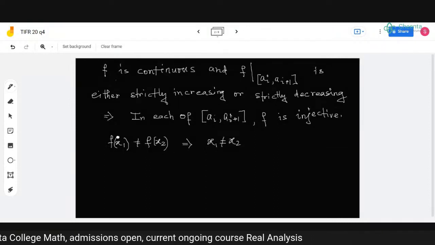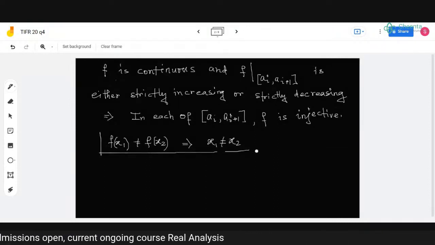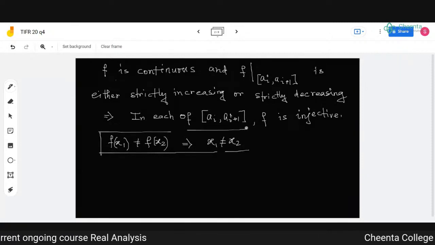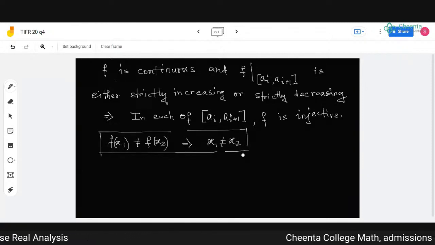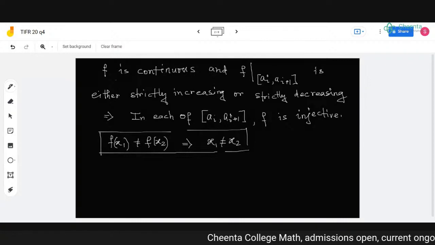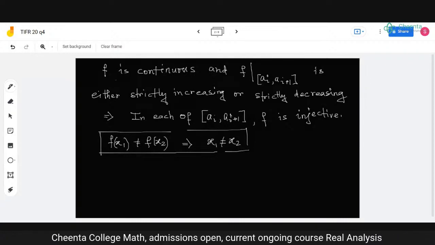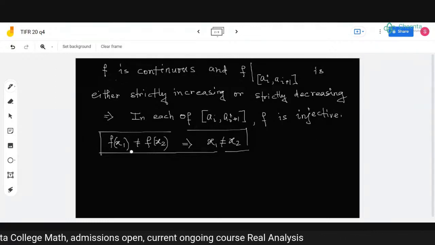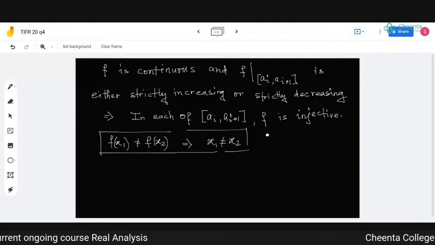Because the forward definition goes like this: x1 equal to x2 implies f of x1 equals f of x2. If I just take this statement, it is equivalent to that.